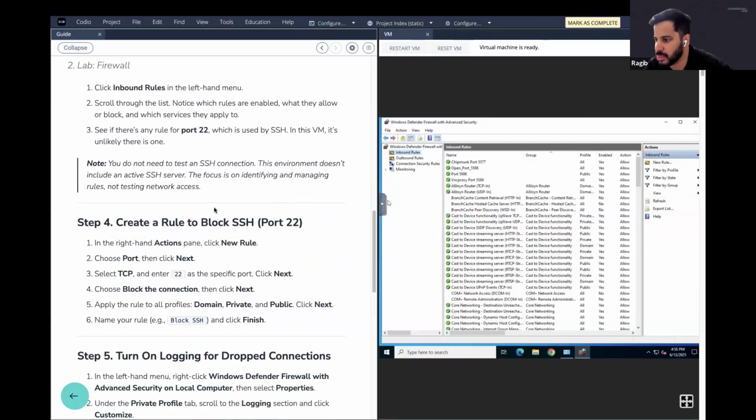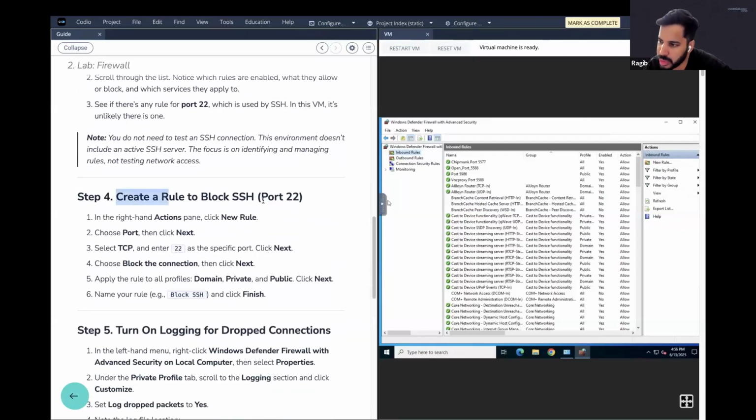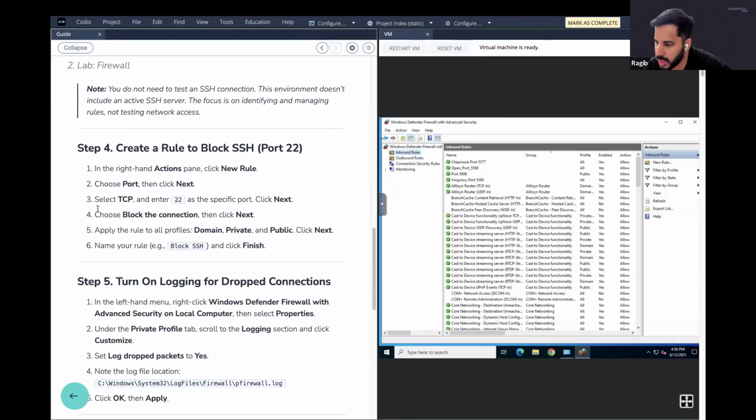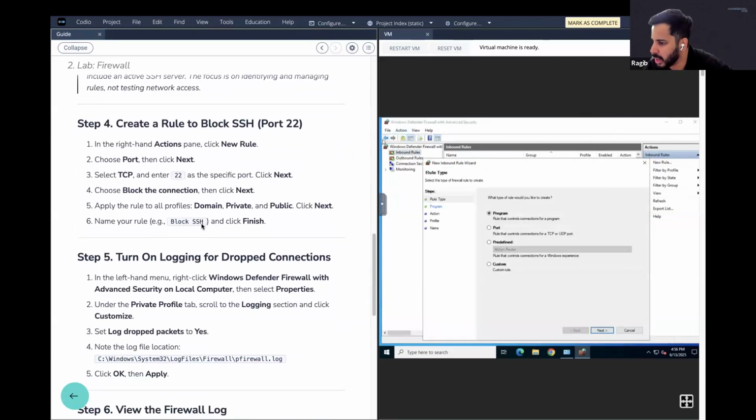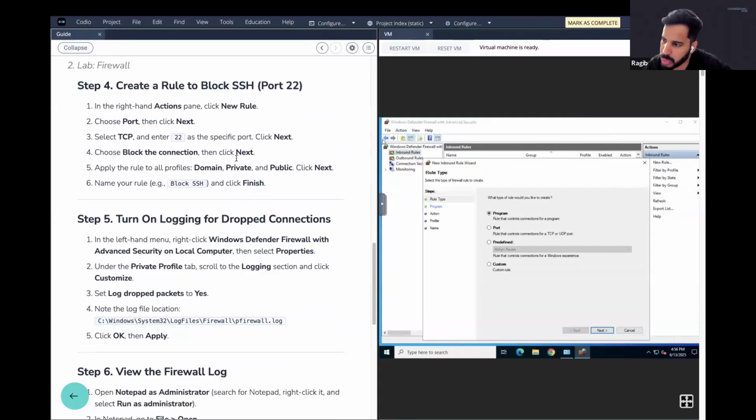On step 4, we will be creating our own rule. It gives you all the steps of how to do it, and I won't go through them because they're very straightforward. You go to actions, add a new rule, and follow along. You're adding a rule to block connections from port 22.